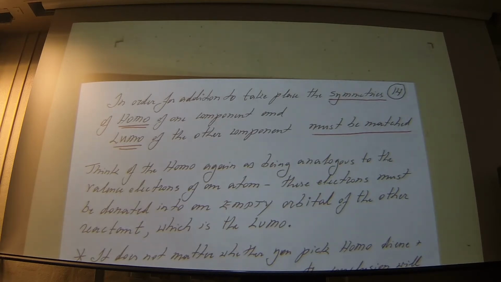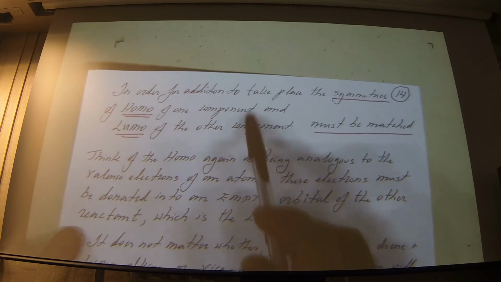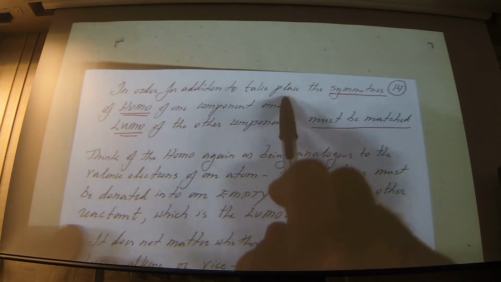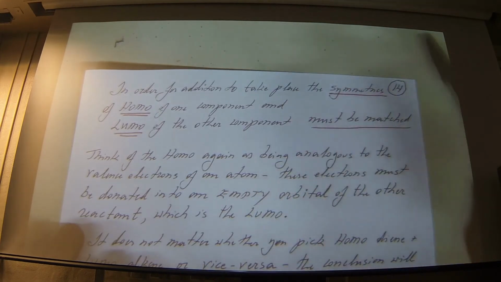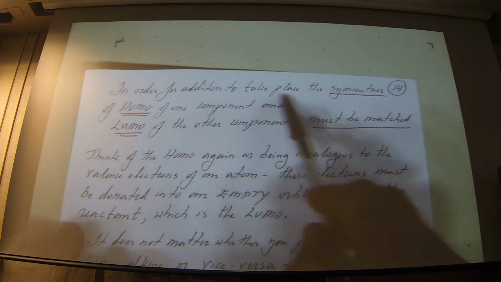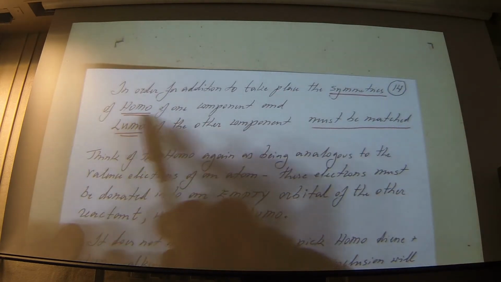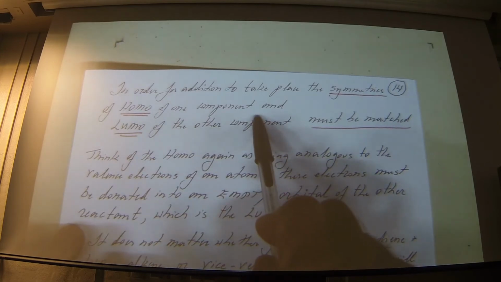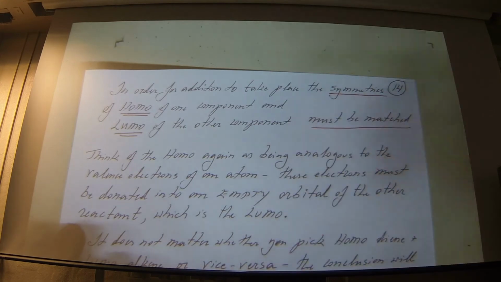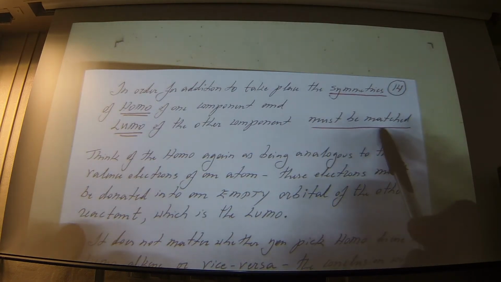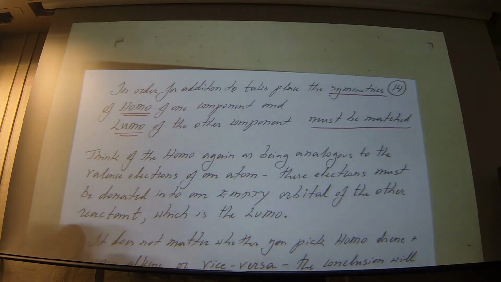And so, in order for the addition to take place in a concerted manner that has a low activation energy, that's what we mean by this, the symmetries of the HOMO of one component, doesn't matter which one, and the LUMO of the other component, must be matched. And so HOMO-LUMO or LUMO-HOMO have to match. It doesn't matter. If one matches, the other one will.